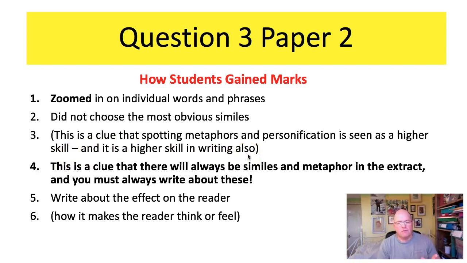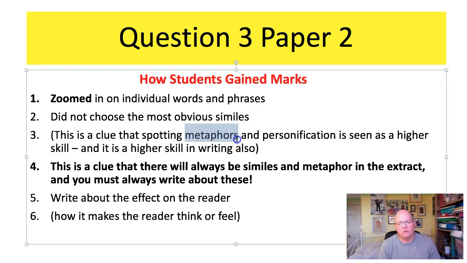So if you've got my revision guide, for example, when I wrote my guide to this paper, I had to write lots of answers that were persuasive, so I wrote lots of question 5s, and I found out that actually metaphors are far more useful than similes. I didn't realise that till I wrote the guide and started writing proper persuasive stuff.